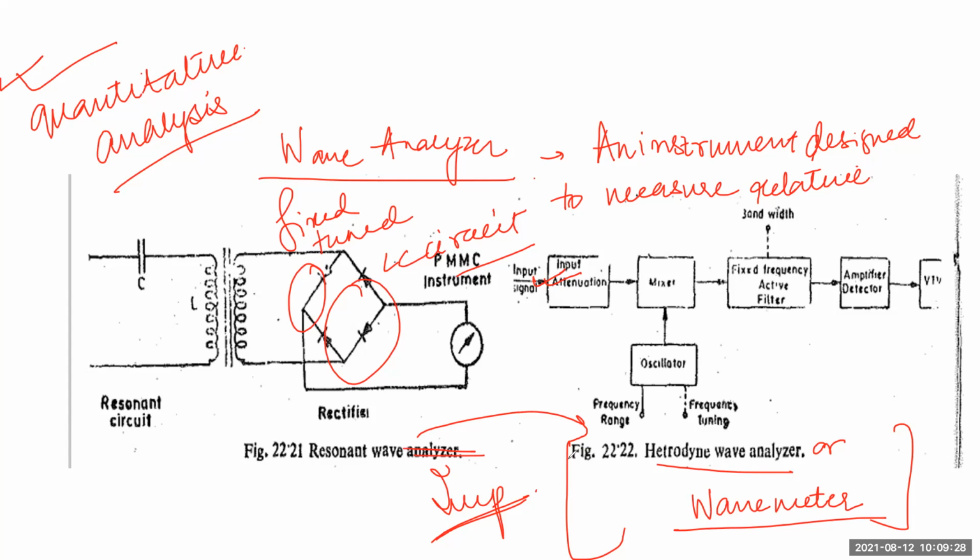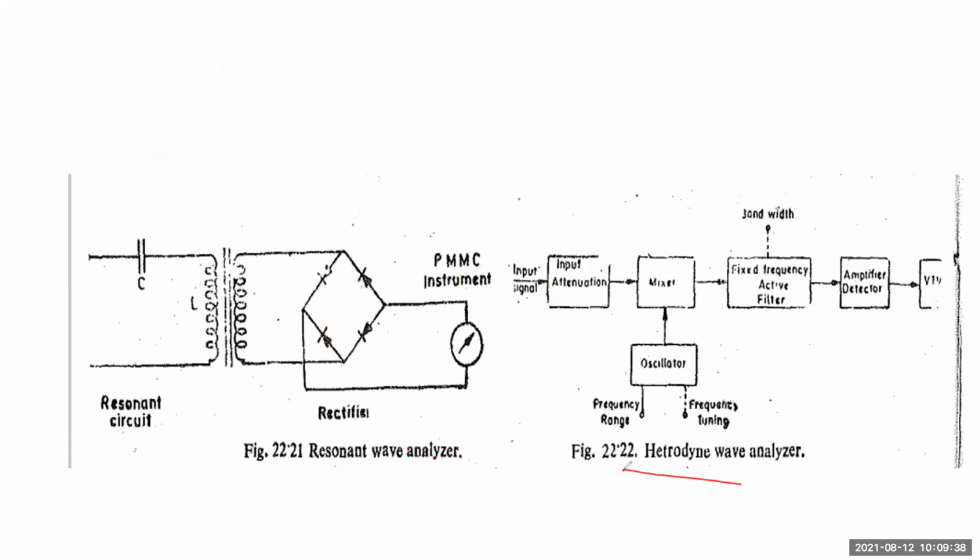A heterodyne wave analyzer uses a highly selective fixed frequency filter. Check out this diagram of the heterodyne wave analyzer. Here you see the input signal, the input attenuator, a mixer, and here you have the oscillator, the frequency range and frequency tuning, then the bandwidth.